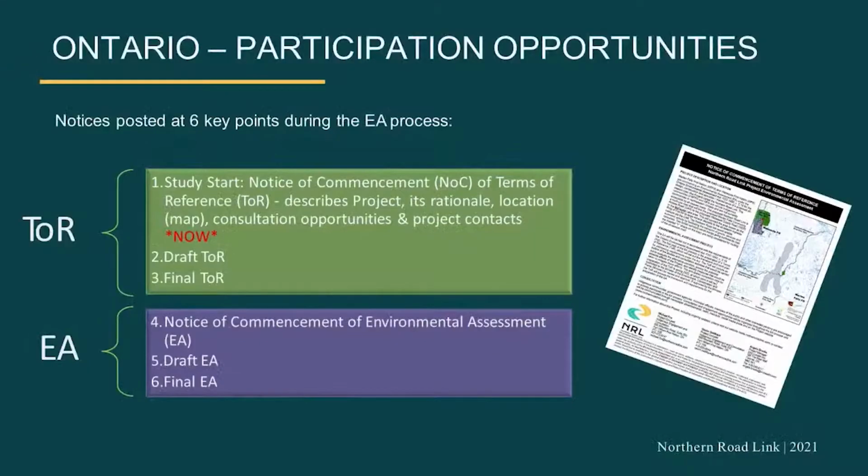If it gets approved, remember, just because you submit a final ToR doesn't mean it's going to be approved. The minister has to make a decision whether it's technically complete. There are all kinds of elements that they have to consider on whether the ToR should go forward. If it's approved, then in the EA stage there's called the notice of commencement of environmental assessment. So: notice of commencement of the ToR, draft ToR, final ToR. If it gets approved, then there's a notice of commencement of environmental assessment, and the work begins.